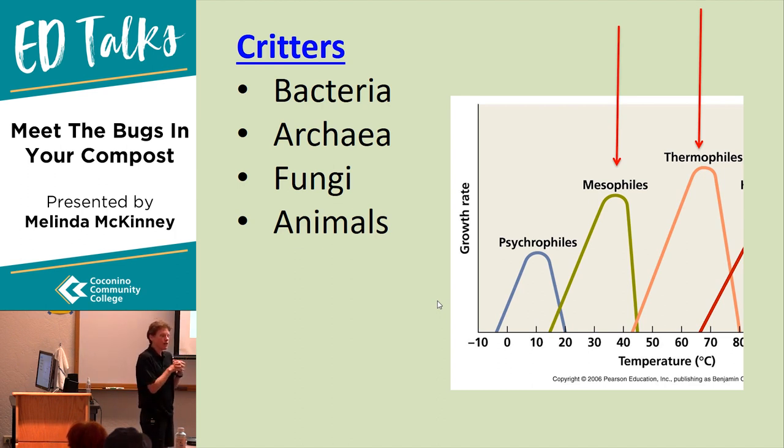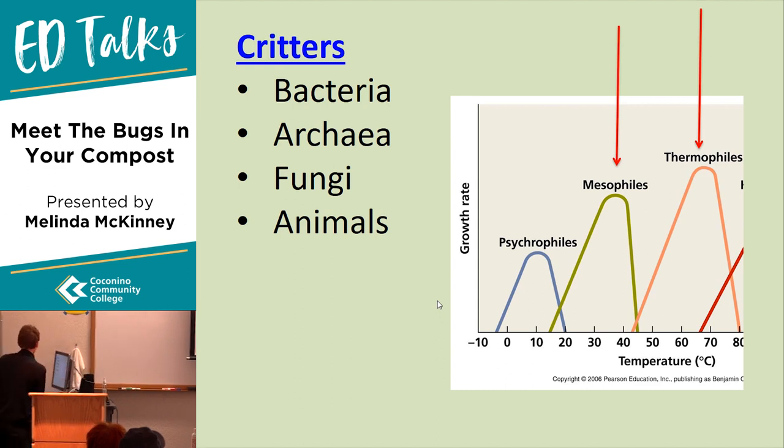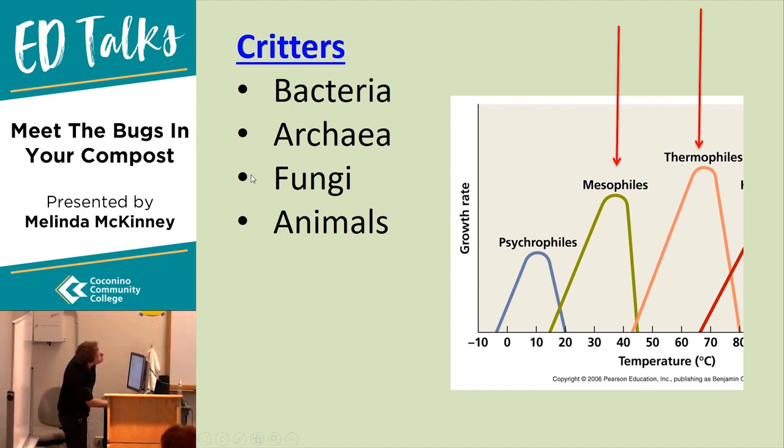So these are going to be the players that we're going to see today because they're visible, and they help with that initial chopping up process. So they chew and shred and break things down, and they're really great for biodiversity in terms of our local ecosystem.